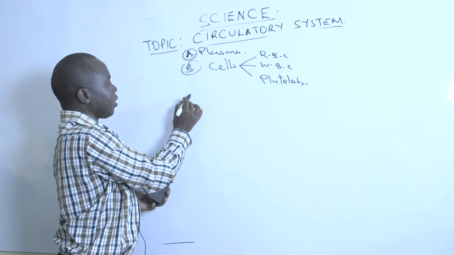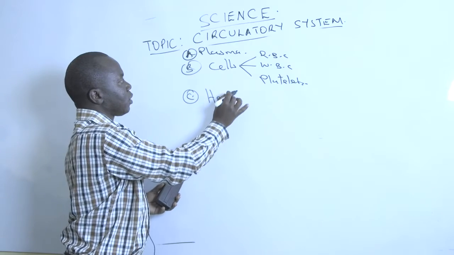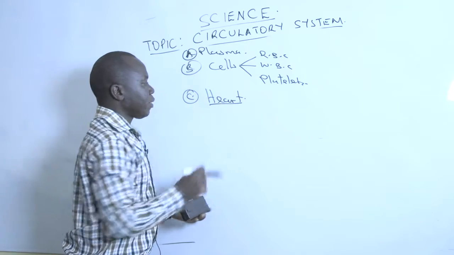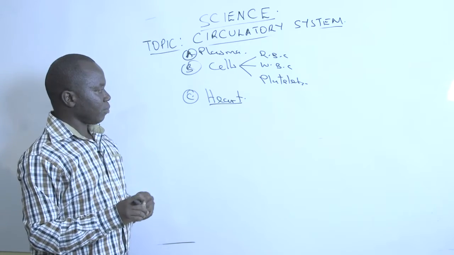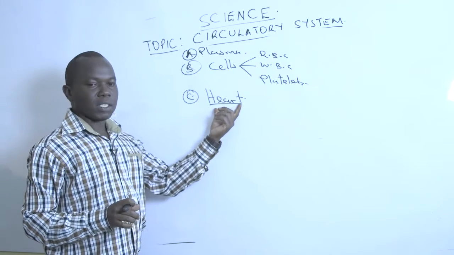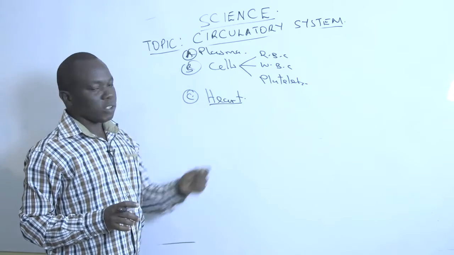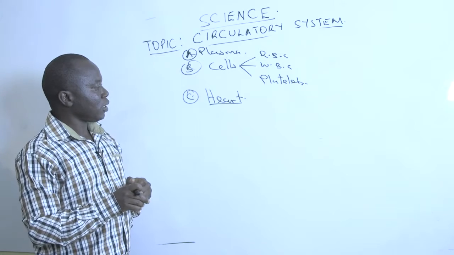Another component of the circulatory system is the heart. The heart is the major part of the circulatory system because it is the one that drives the blood into the circulatory system.